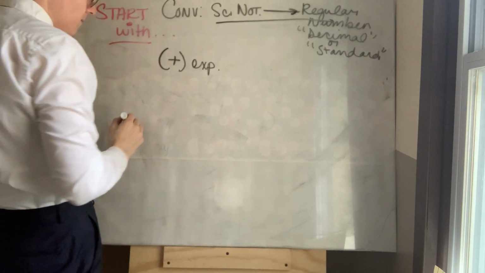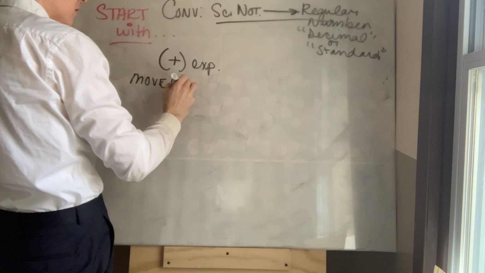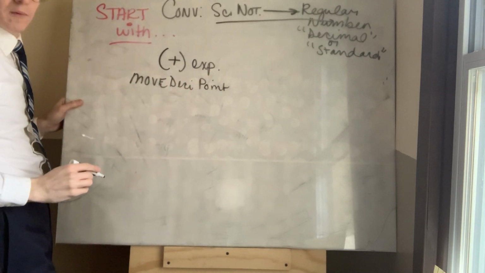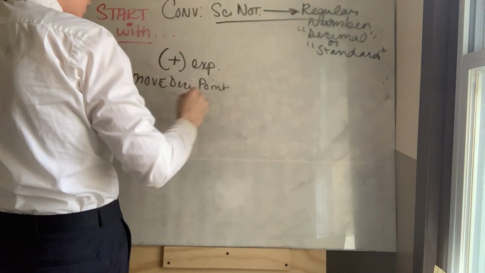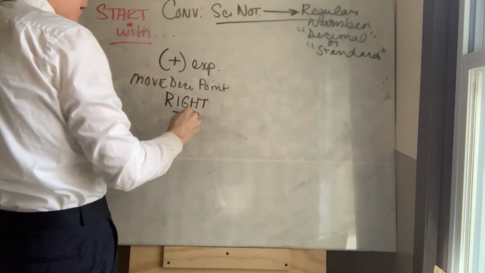All right, you're going to move a decimal point towards the right, which is that way.